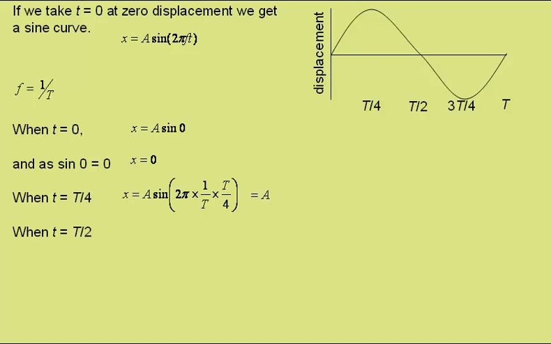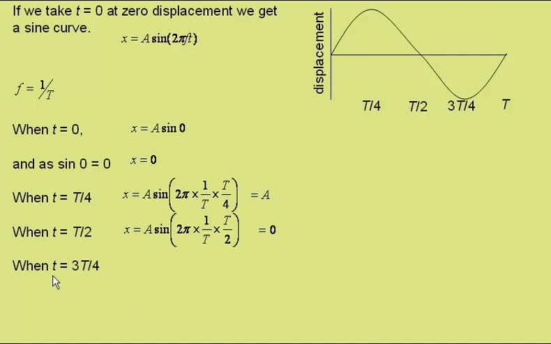When the time is half the time period, at this point, we then get that x is equal to a sine 2 pi times 1 over t times t over 2. This becomes x is equal to a sine pi, and this again comes out at 0, as the sine of pi is 0.